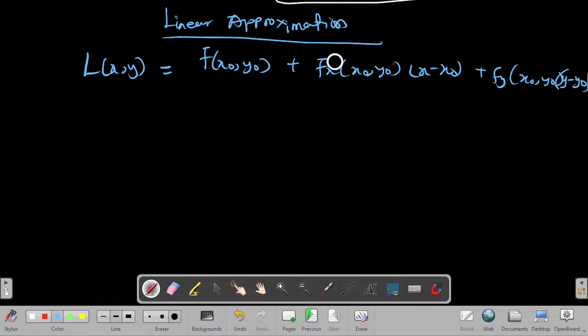You realize that this is almost the same as the equation of a tangent plane to a curve, right? So it's almost the same thing. You simply have to follow the formula. Okay.